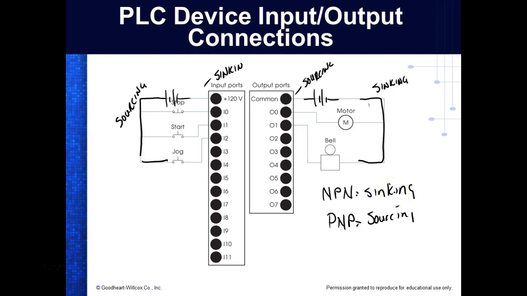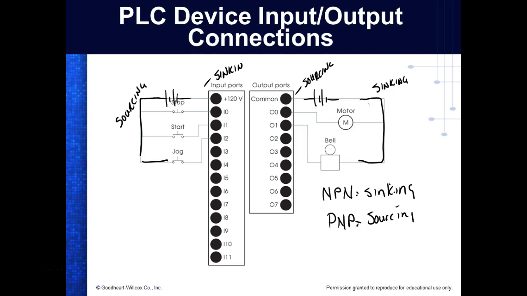That's something you need to know, because if a sensor goes bad and you have to buy one, and you buy a sourcing sensor and you've got a sourcing input, then what's going to happen? It's not going to hurt anything. It's just not going to work. So if you've got a sourcing sensor, it's got to hook up to a syncing input.